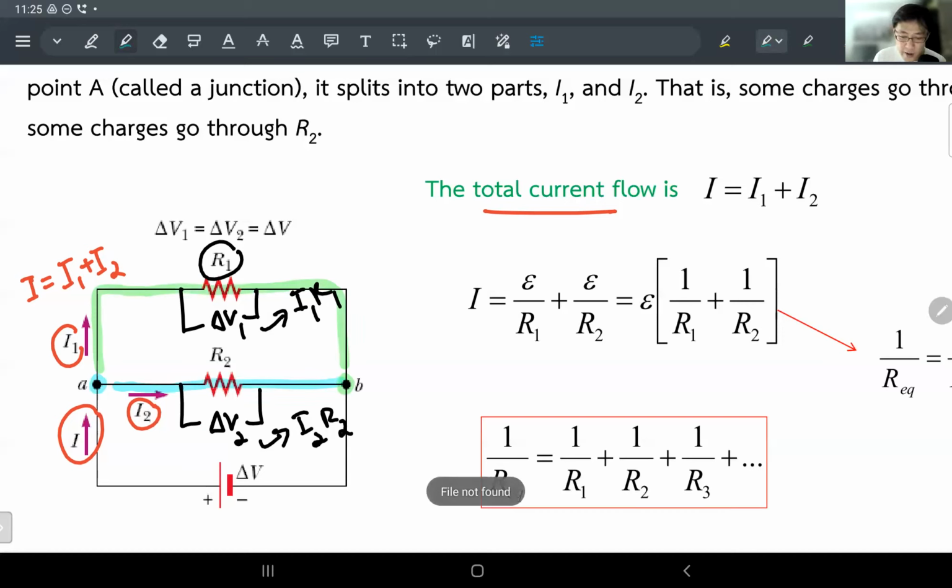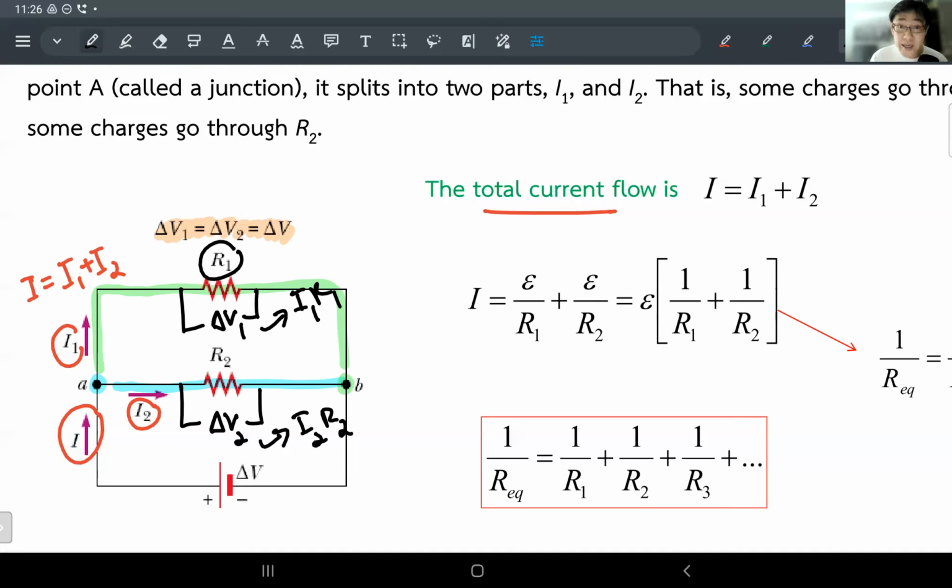And that's why the final conclusion that you get out of this is delta V1 and delta V2 must be the same, because you are comparing between two exact same points, A and B. The potential difference must be the same number. Cool? All right.